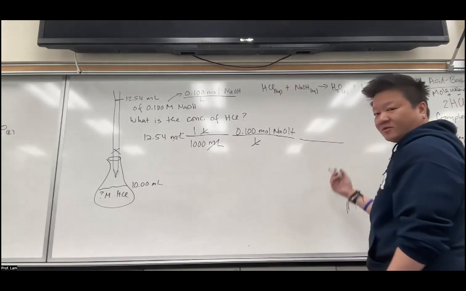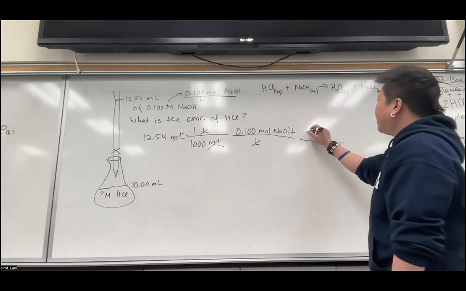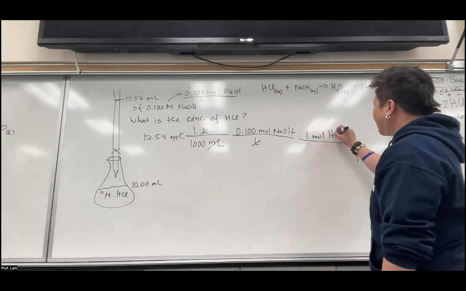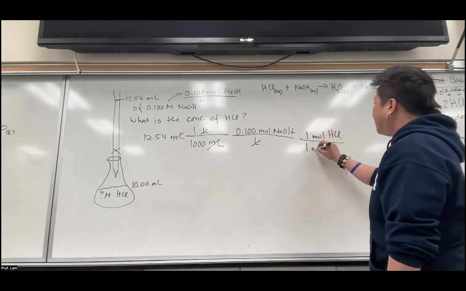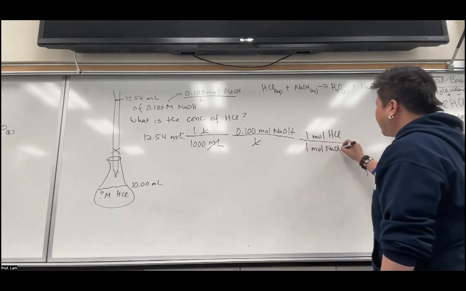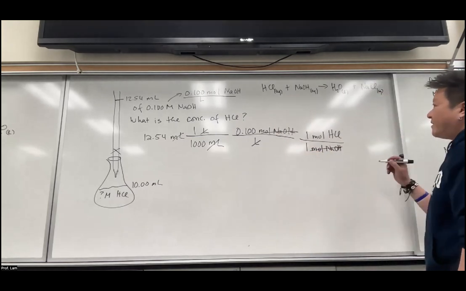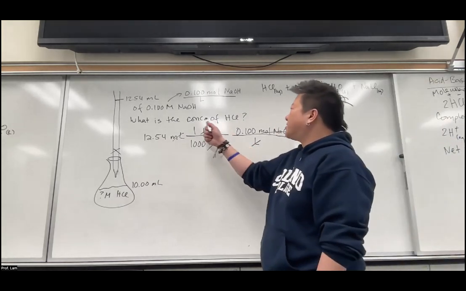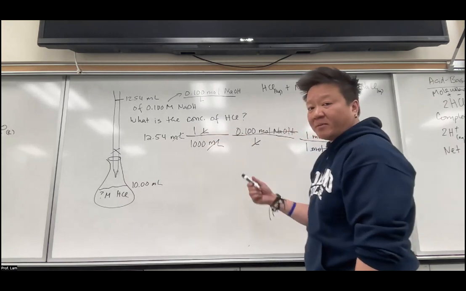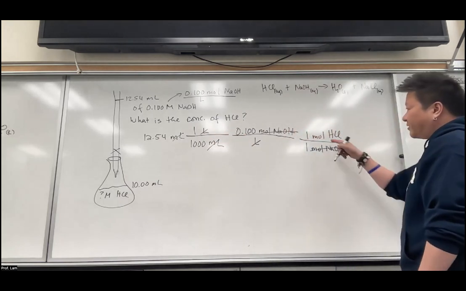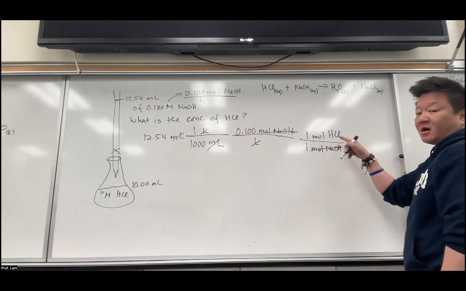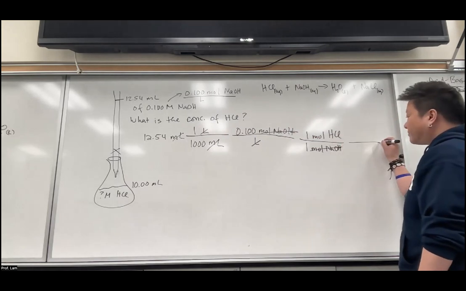So here we go. We applied a mole-to-mole ratio, right? 1 mole of HCl on top and 1 mole of NaOH on bottom. Okay. And then one more step, right? We want the concentration of HCl in molarity. Remember what molarity is? Moles over liters. So right now we have moles. All we have to do is divide by liters, right?